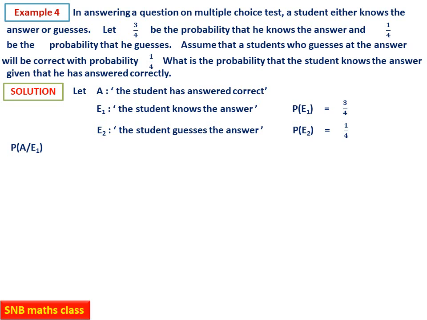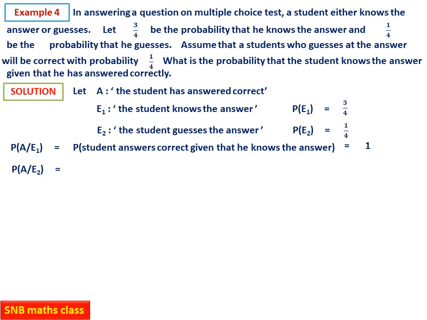Then here you should be careful. Probability A given E1 is probability the student answers correct given that he knows the answer. So this will be 1 because it is a sure event. He knows the answer and he gives the correct answer. So probability is 1. Therefore I told this is a bit tricky.